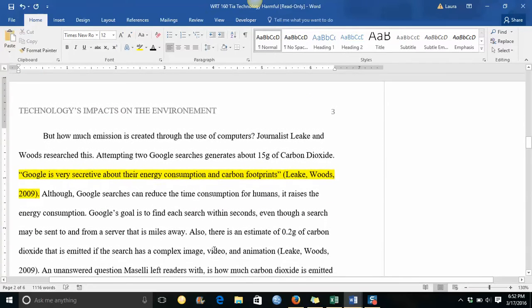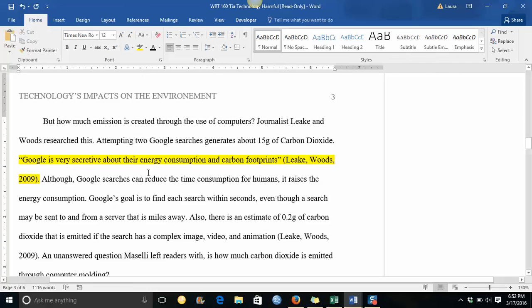Now, in this paragraph, you've got Google is very secretive about their energy consumption and carbon footprints. I know that's important for us to understand in the sense that you're talking about how much a Google search generates, but maybe you want to lead into it like, "even though Google is very secretive about their energy consumption and carbon footprints, attempting two Google searches generates about 15 grams of carbon dioxide."